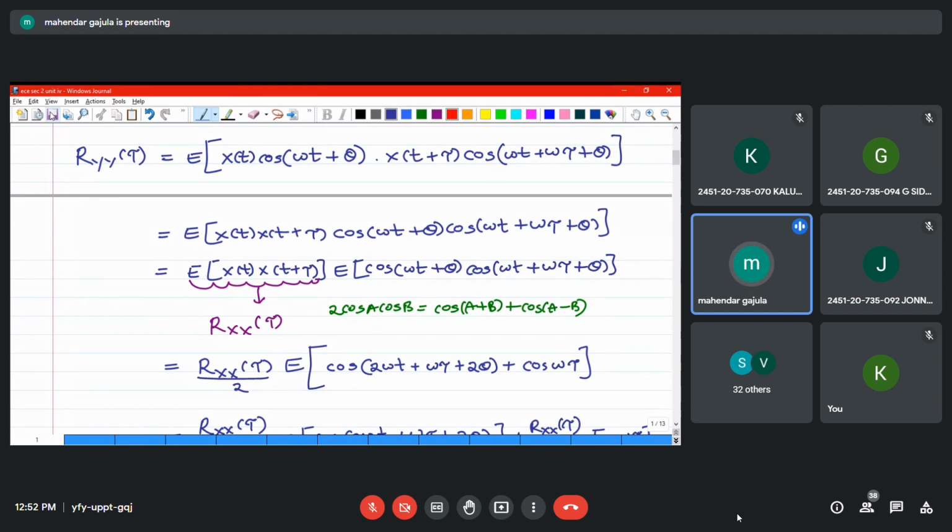We can split it. With respect to x(t) and x(t plus tau), we can split this cos(omega t plus tau). Omega and theta are different. They correspond to y(t).